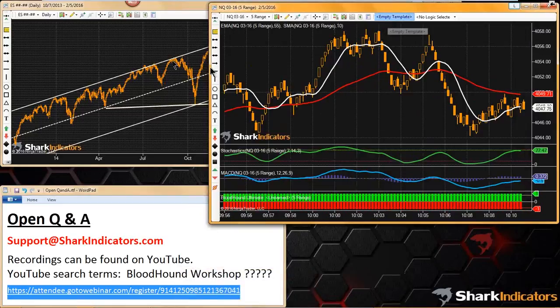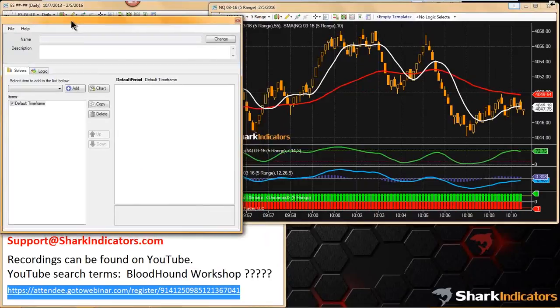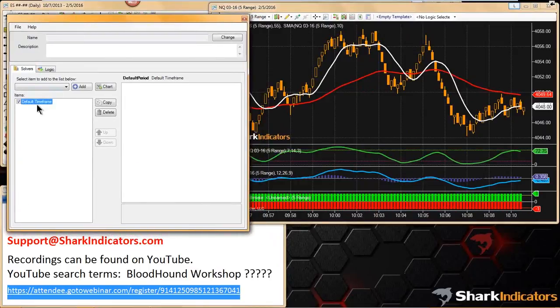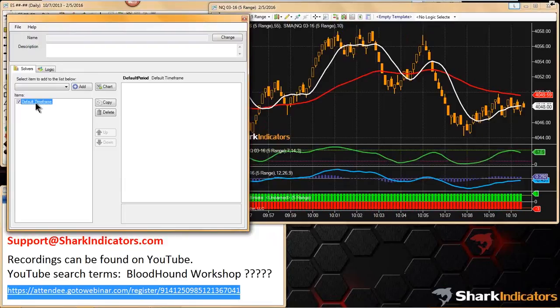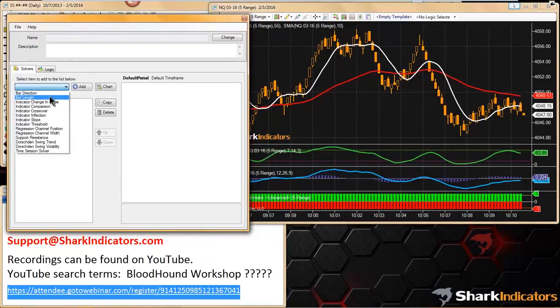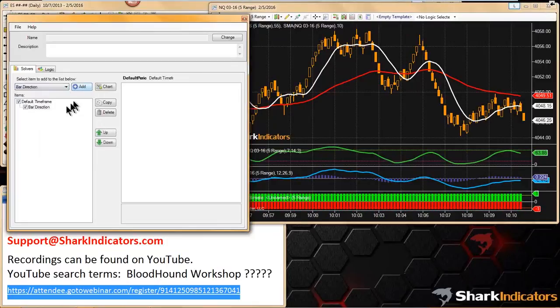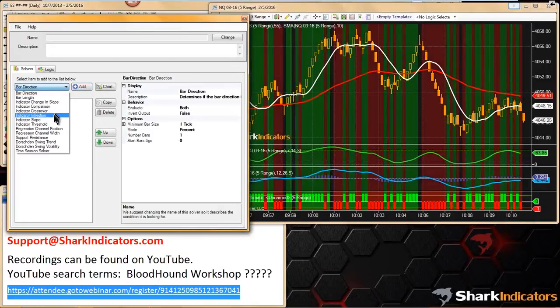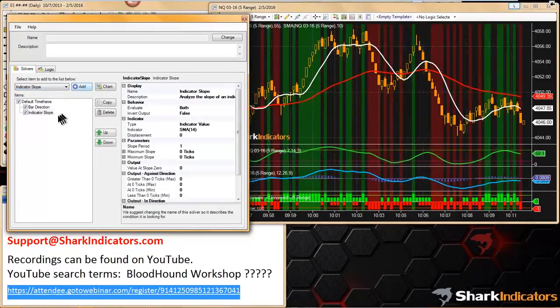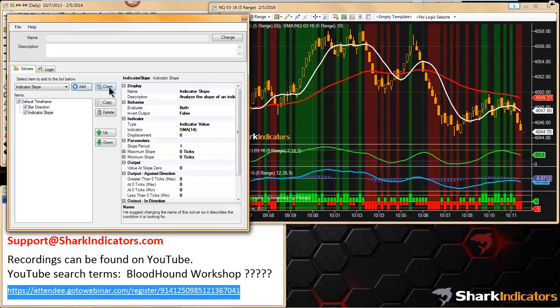All right, so what John is talking about is, you guys have all seen this default time frame in BloodHound, right? And so typically you'll just take a solver and you add your solvers right underneath the default time frame. And then if your strategy is using multiple time frames, in particular, you guys should always be using higher time frames.